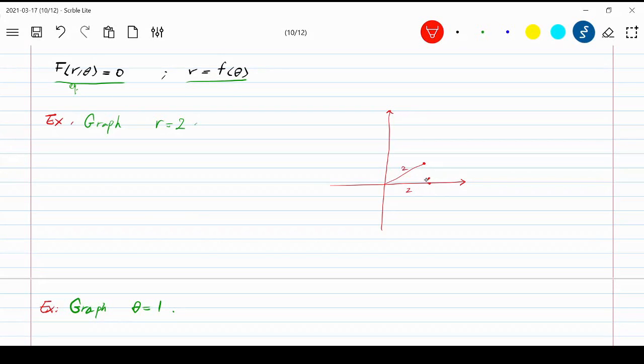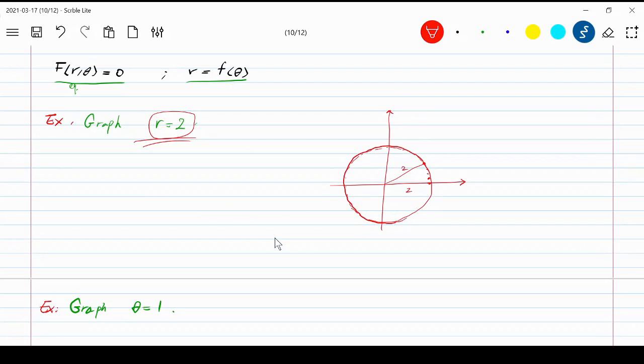How about the next one? If you don't have any information about theta, basically what you have is a given radius. There's no restriction on the angle. So all these points along the circle with radius 2 satisfy this. So r equal to 2 represents the equation of a circle with radius 2.